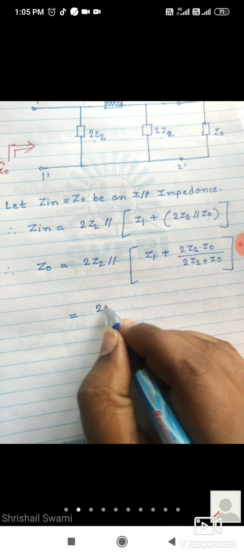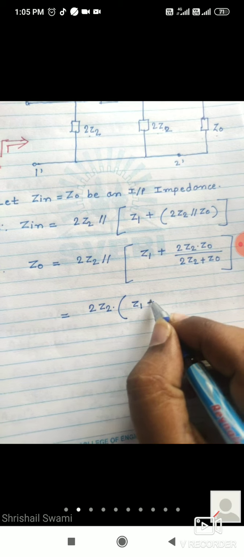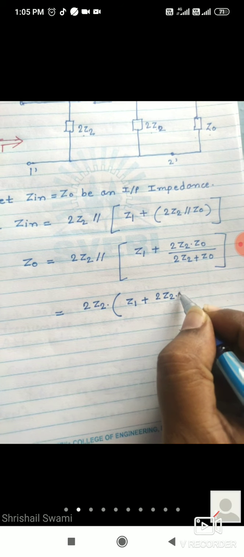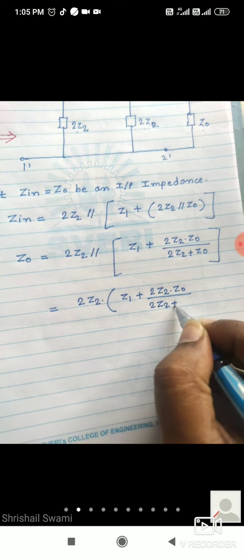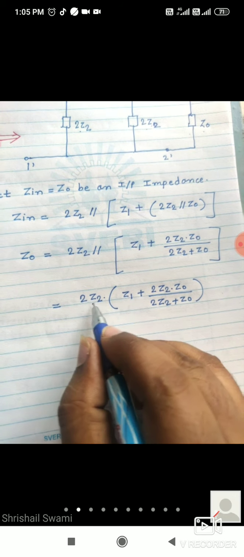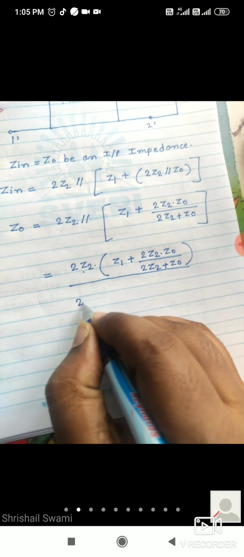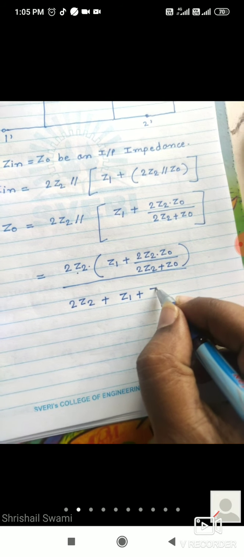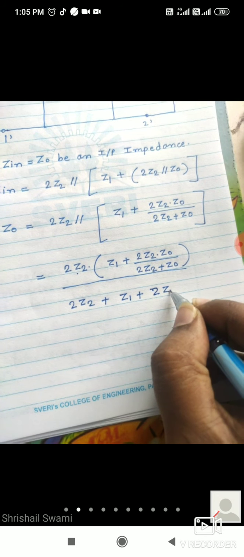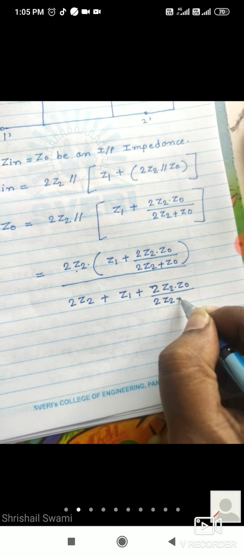Now 2Z2 into this bracket, that is Z1 plus 2Z2 into Z0 divided by 2Z2 plus Z0, that is, R1 into R2 divided by R1 plus R2, that is 2Z2 plus Z1 plus 2Z2 into Z0 divided by 2Z2 plus Z0.